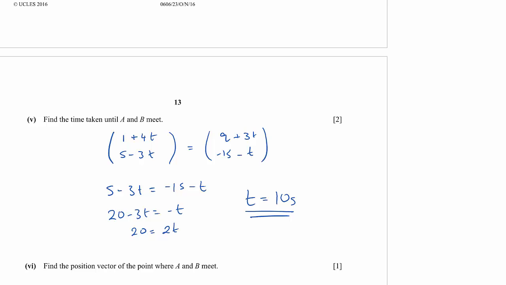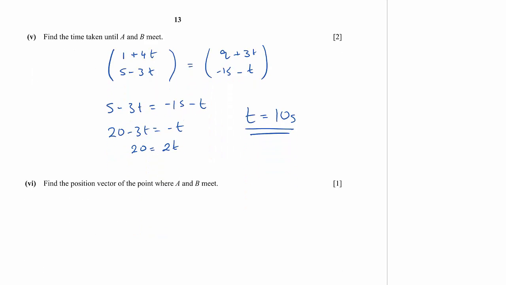So we now want to find the position vector of the point where they meet. So we know if t is 10, this will be 41. And 5 take away 30, negative 25. And this one will be q plus 30. And of course that one has to be negative 25 as well.